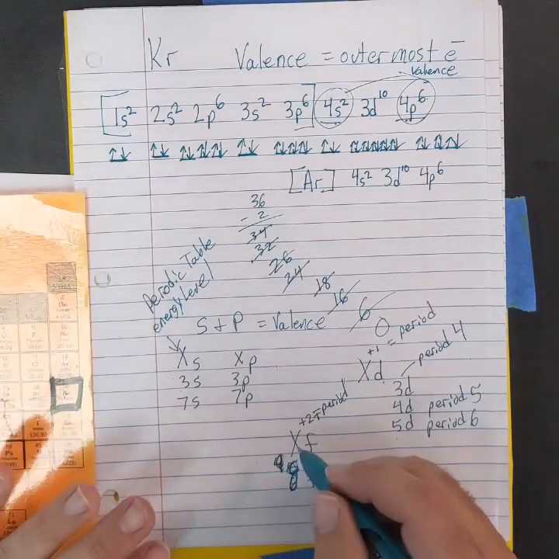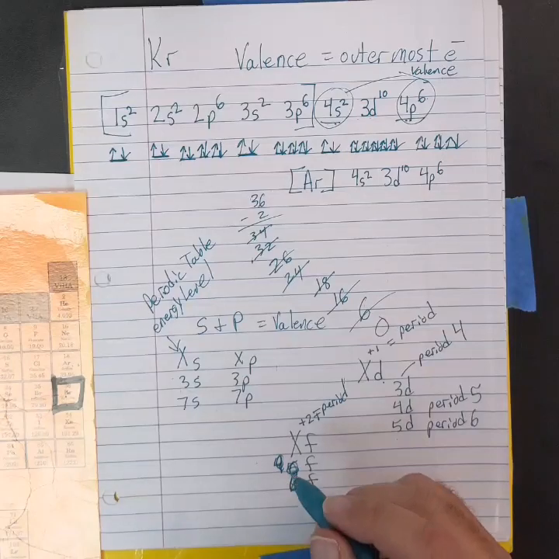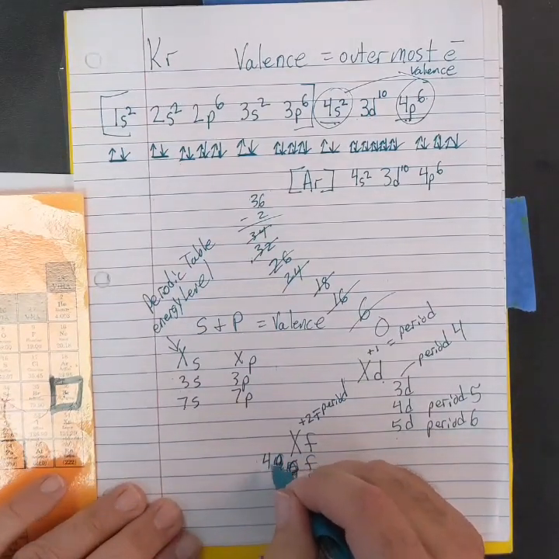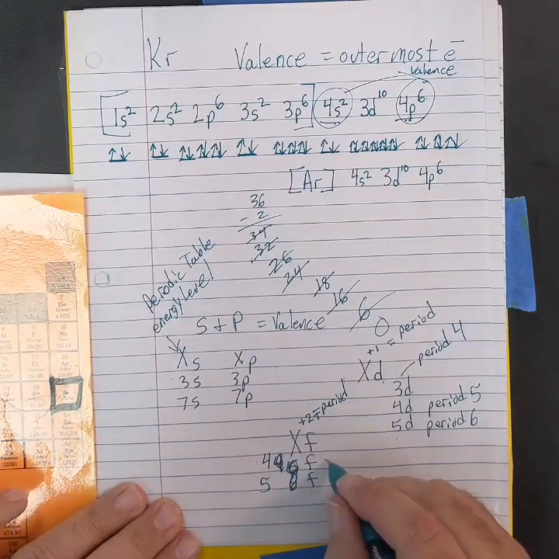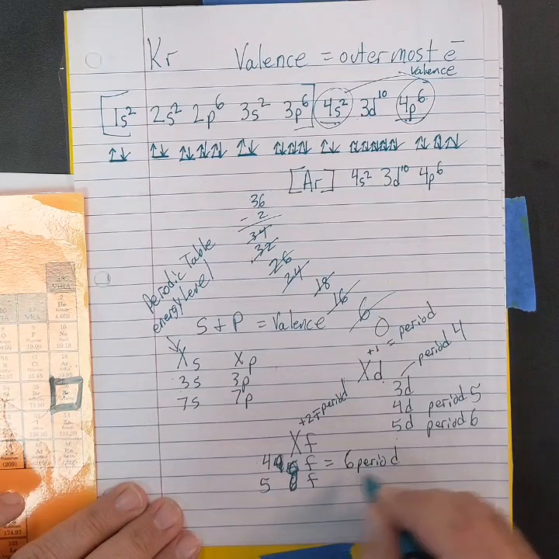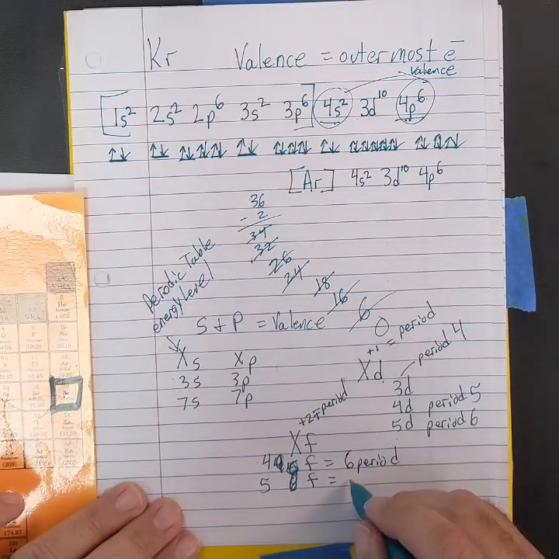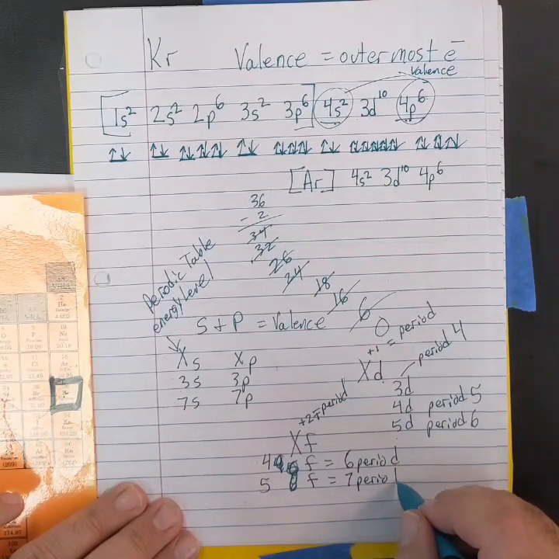See, I've confused myself now. All right, so they're going to be in periods 6 and 7. So you'd have 4f and 5f. 4f is the 6th period, and 5f would be the 7th period because you add 2.